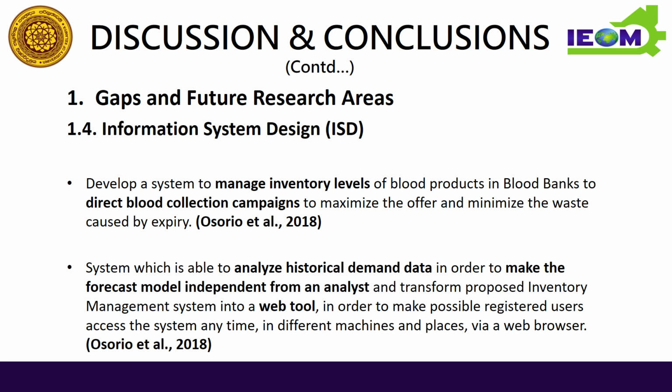Another study showcases the need for managing inventory levels and directing blood collection campaigns. Another study done in 2018 explains a system to analyze historical demand data and make a forecast model independent from the analyst, rather than traditional models, and develop the system into a tool accessible from any place.